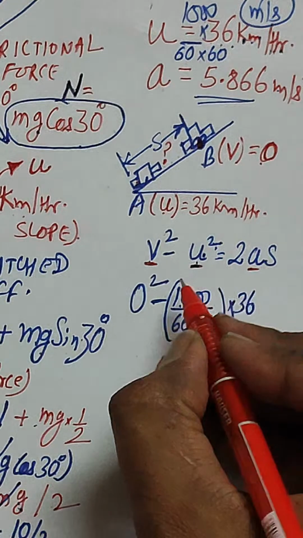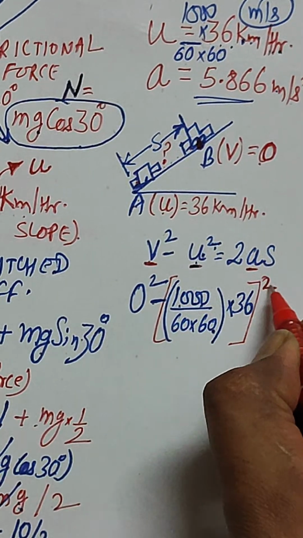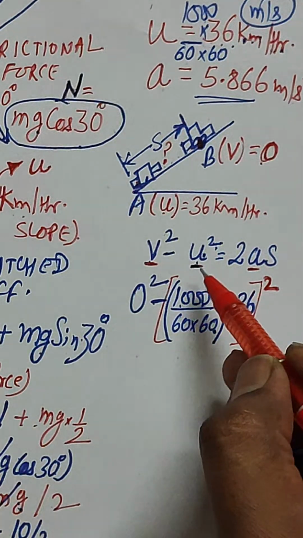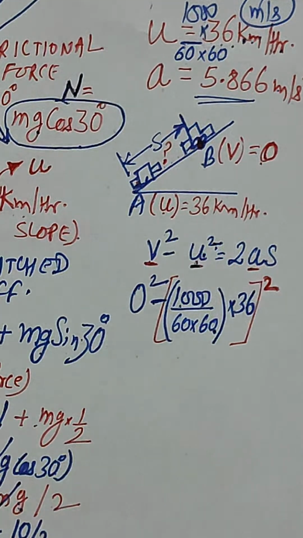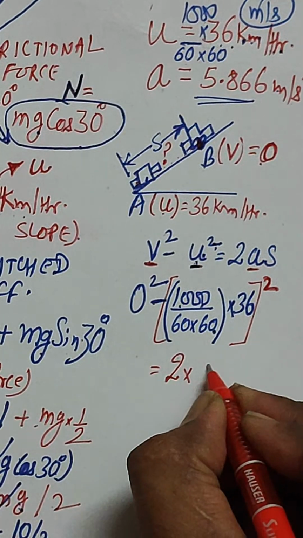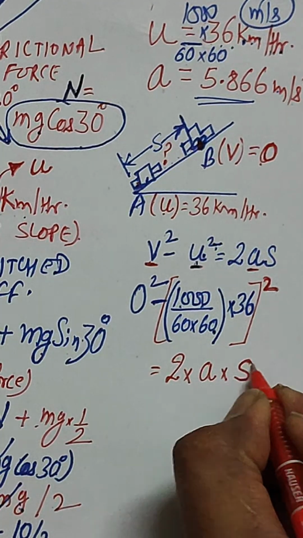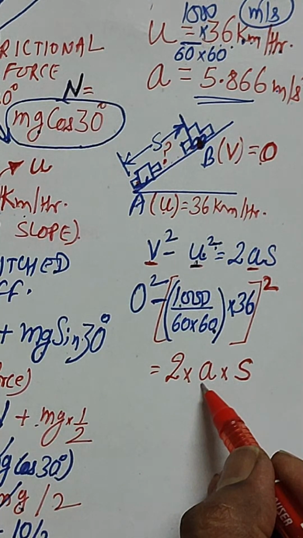So this whole square, isn't it? Because u square is equal to 2 into a into s. We have not substituted the value of a.